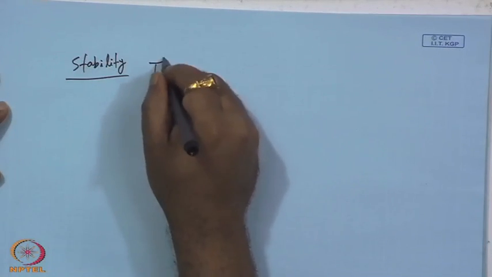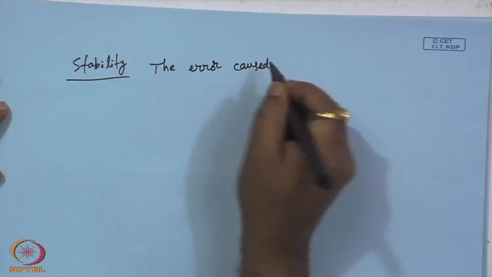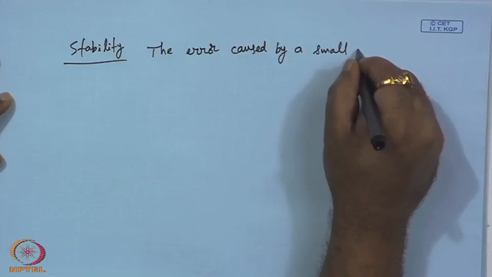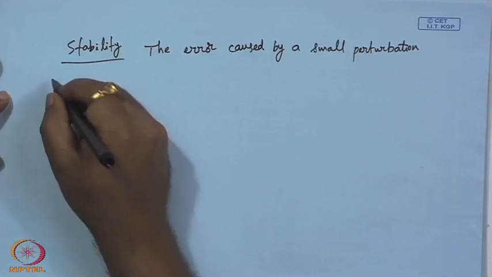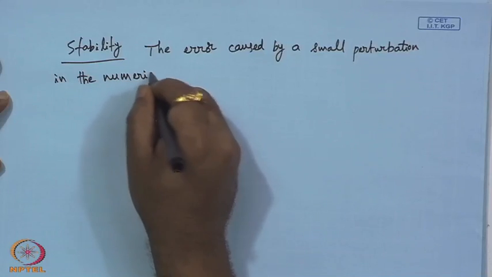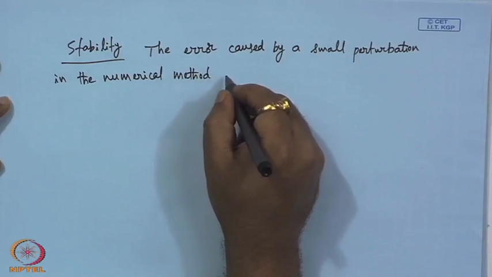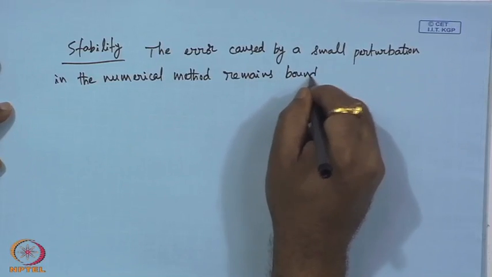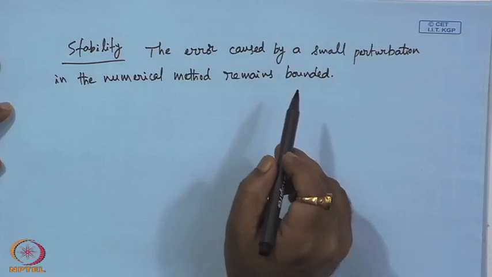Stability. The error caused by a small perturbation in the numerical method remains bounded.